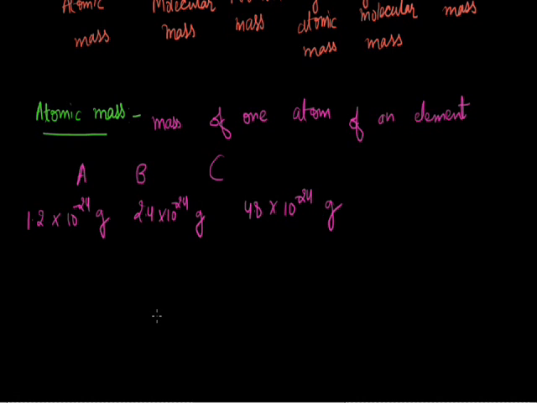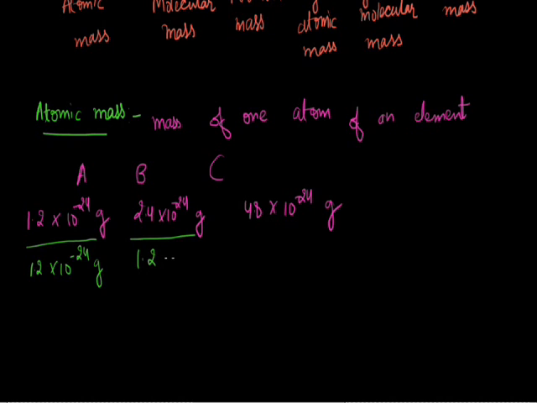It is very difficult to remember these masses, so we have to convert these values into a simple value. So we can choose a reference. Suppose I select this value as reference, then I divide this value by 1.2 into 10 raised to the minus 24 gram.